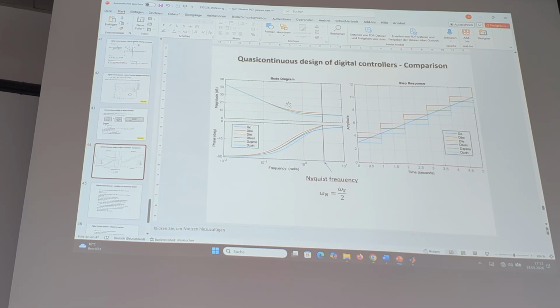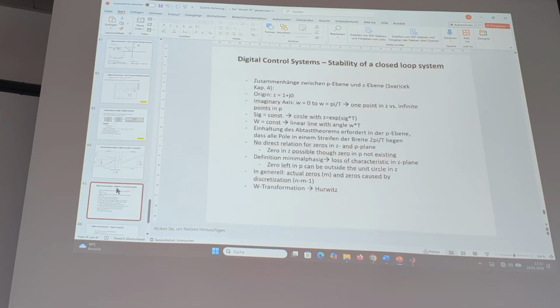So especially at high frequencies, you have the differences in the magnitude and in the phase, and also the step response will merge down to the continuous step response if you lower the sample time more and more.